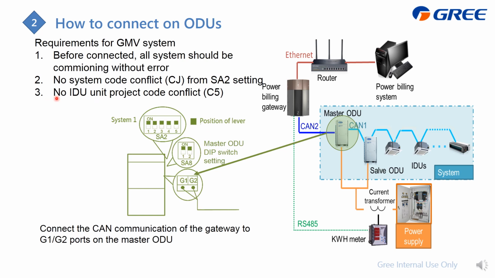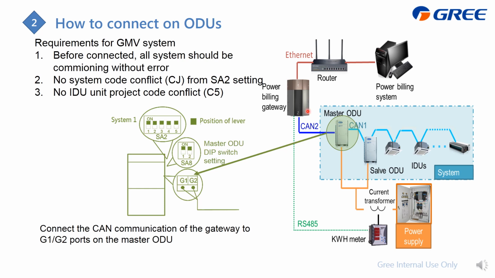And the other is when we calculate how much power for every indoor unit, the indoor unit addresses should be different, which means no indoor unit project code conflict C5 occurs.